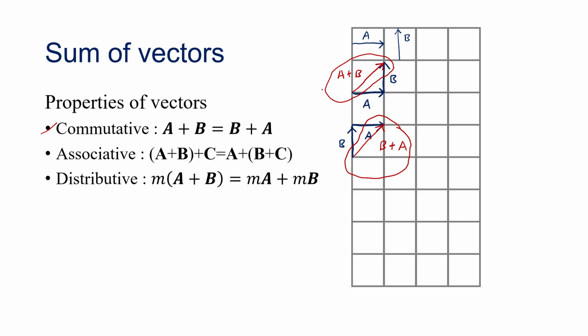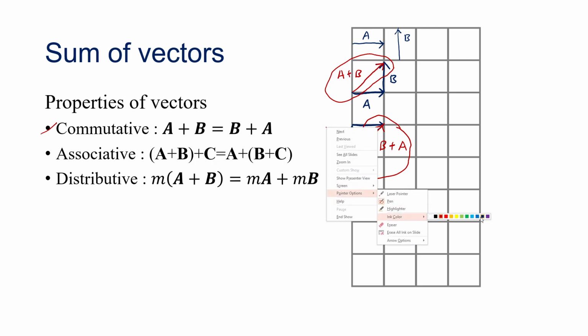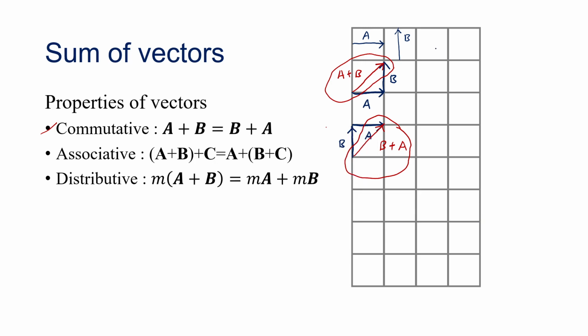Now, so far we have shown only two vectors. How about if we have three vectors or more? I'm going to show you a third vector. Let's say this is a vector C, right? Well, this still obeys the properties.